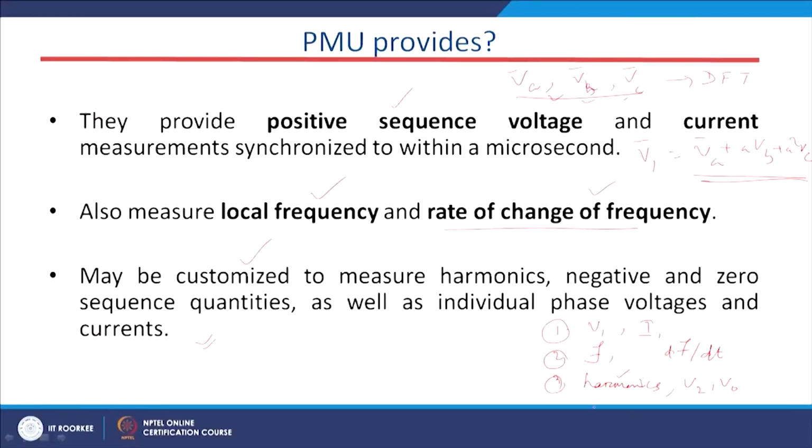So, this PMU can be customized to estimate the harmonic components of the voltage and current signals, and it can also provide V2, V0, the negative and zero sequence components of the voltage, and I2, I0, the negative and zero sequence components of the current. These are the output data we get from the PMU.